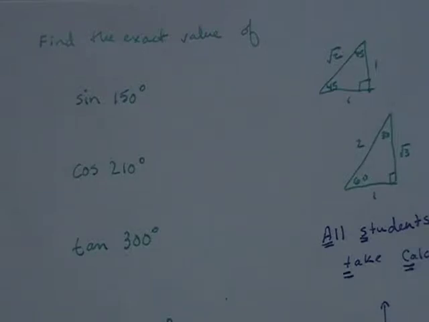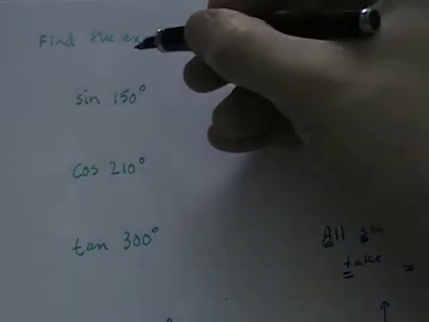Instead, what I have asked you is angles like 150 degrees, 210 degrees, and so I want to talk about how all of this relates. We have a thing in mathematics called a reference angle, okay?